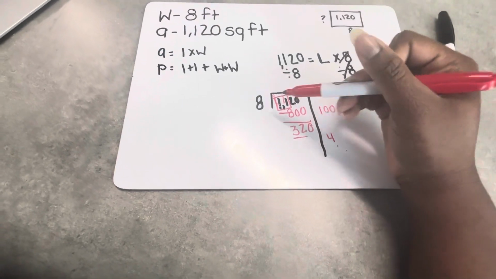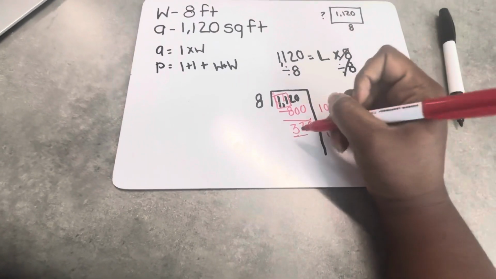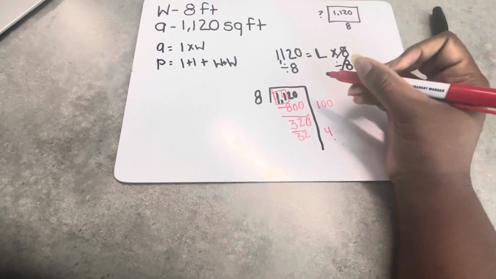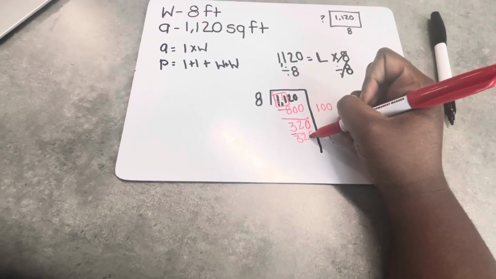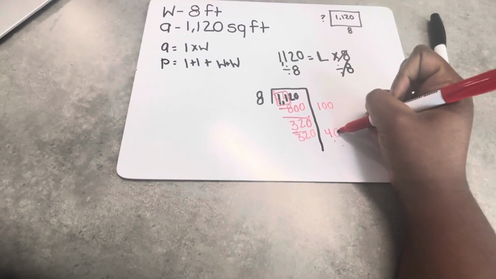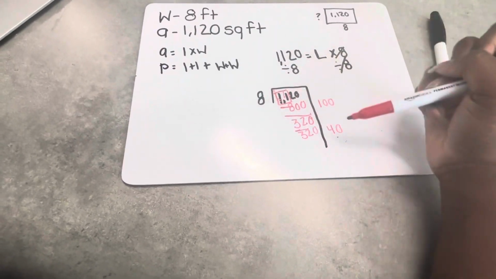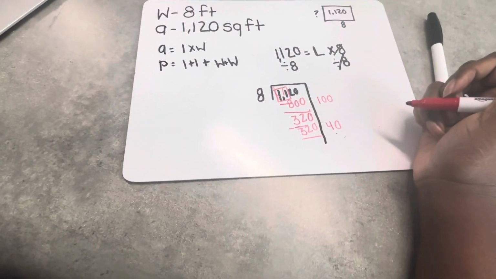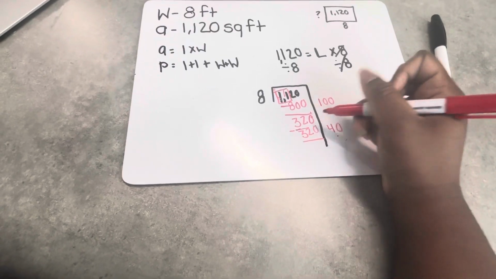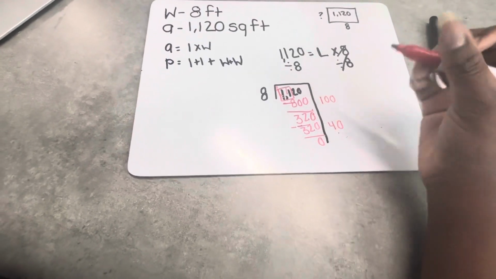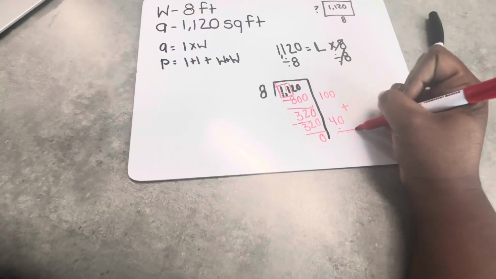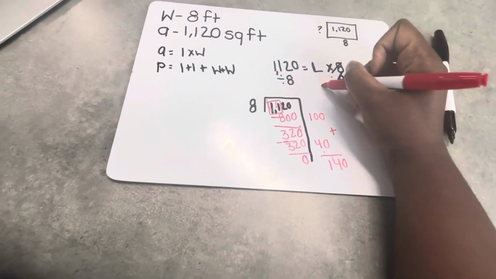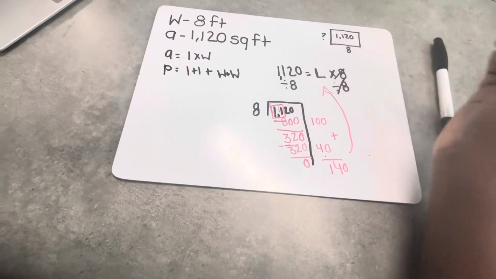Let me think, how many digits am I missing? I'm missing 1 digit, so I'm going to add a 0 here. That tells me that 8 times 40 is equal to 320. So now I'm going to subtract: 320 minus 320 is 0. Going back, this is 140. So now we just figured out what our L is.